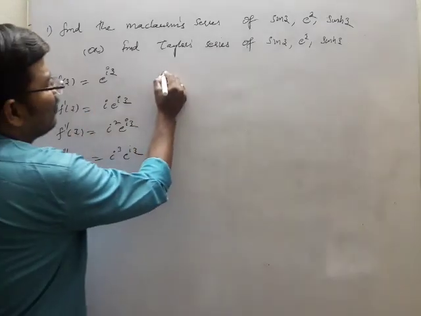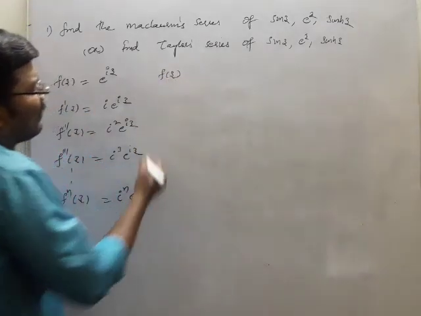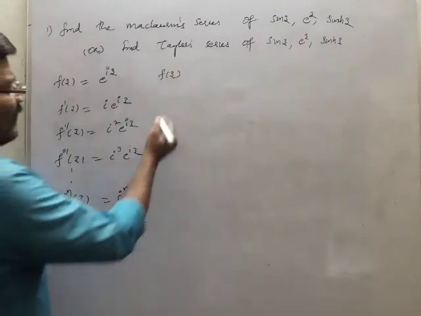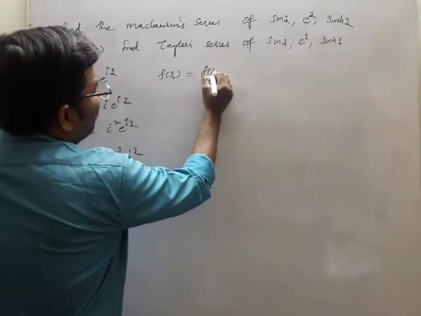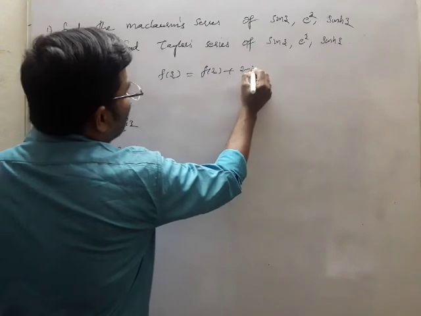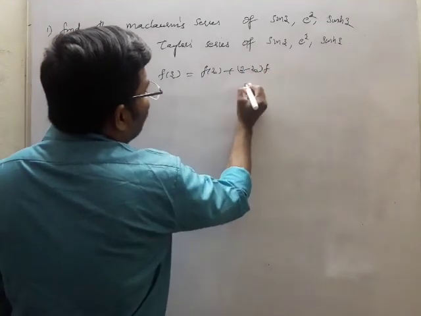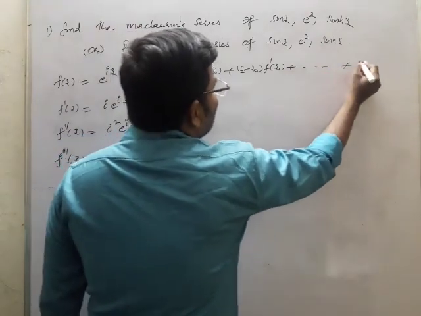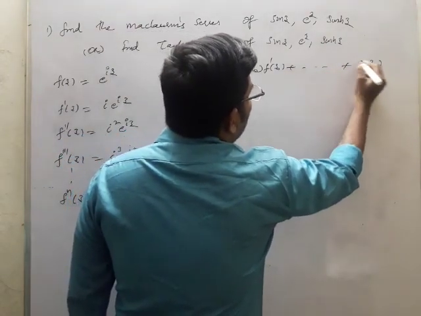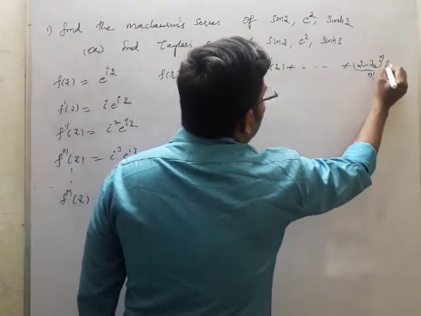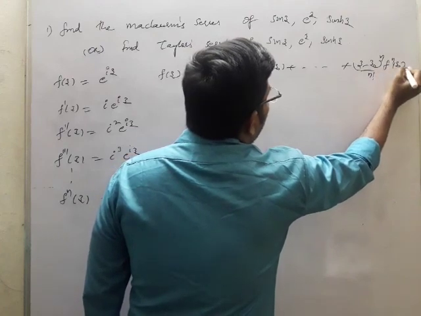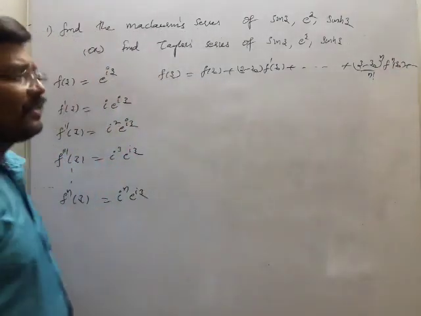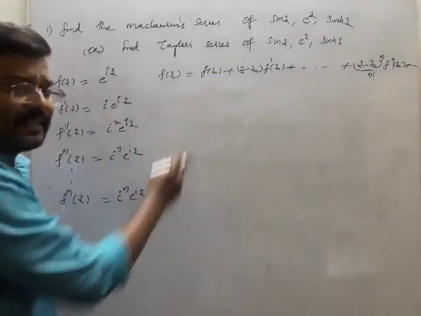If we substitute in the formula which we already have, that is f(z₀) plus (z − z₀) into f′(z₀) plus and so on, plus (z − z₀)ⁿ/n! into fⁿ(z₀) plus and so on, this is again the Taylor series form.